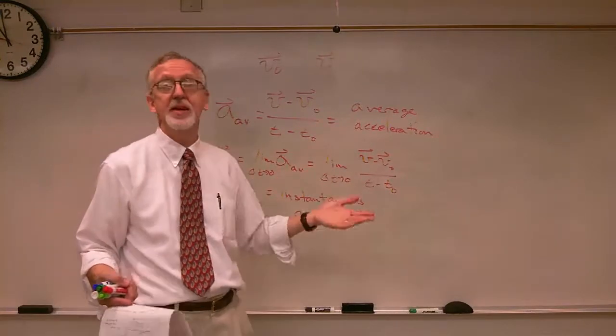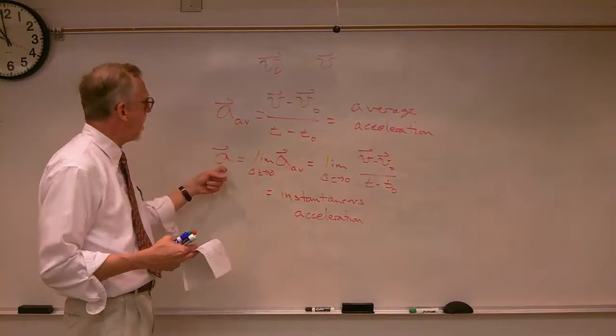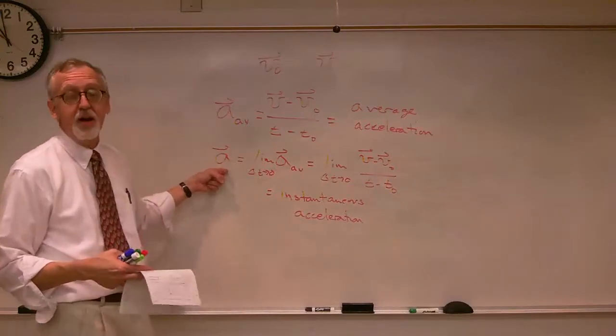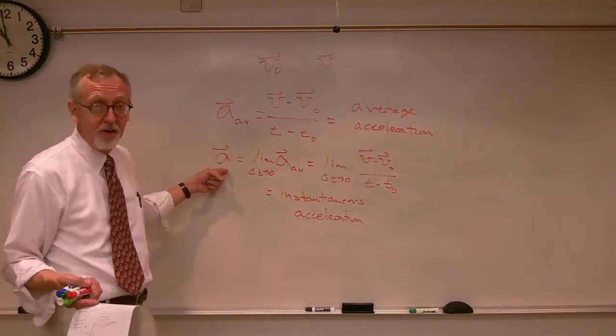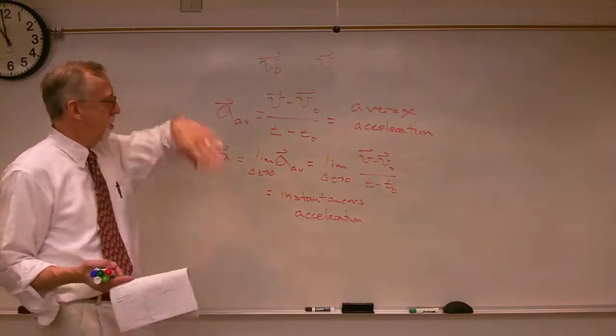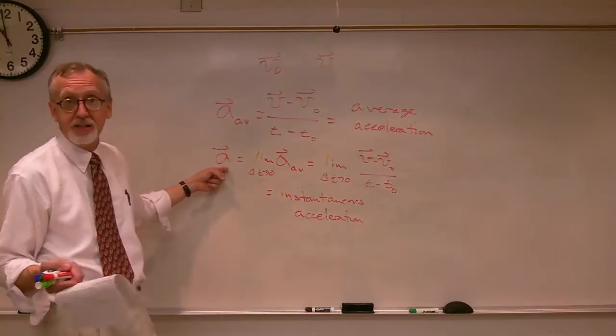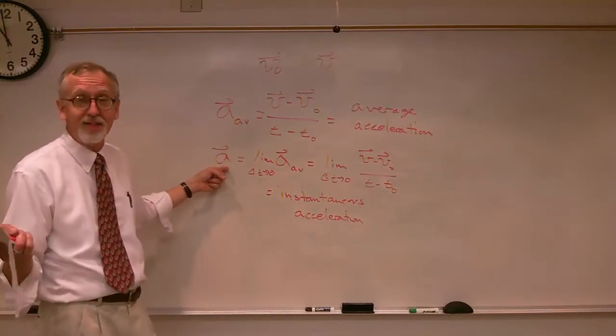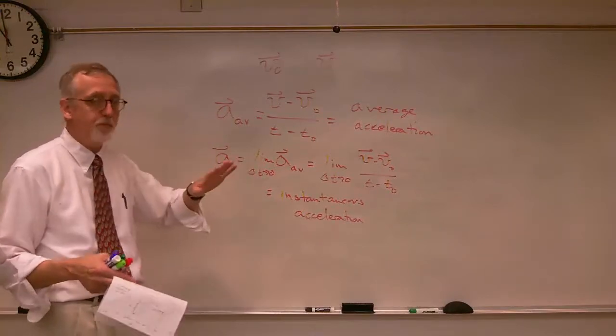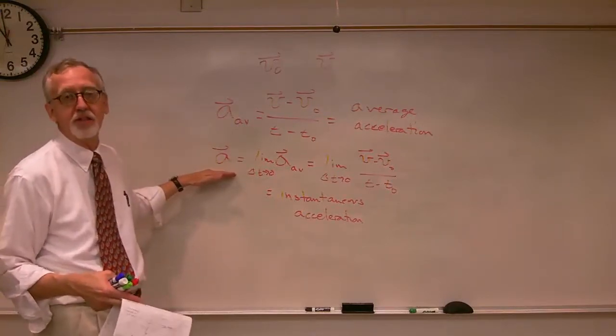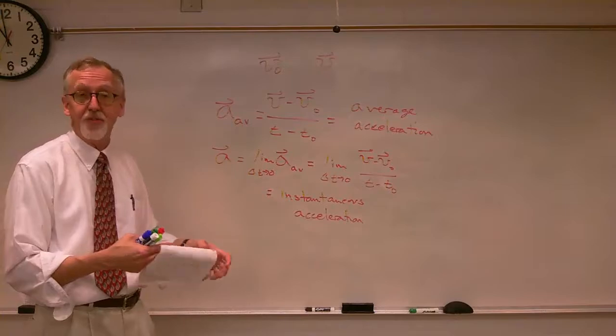So we can have positive and negative accelerations. Because acceleration is a vector, it can point in any direction. They're all going to be accelerations, but the vectors can point in different directions.